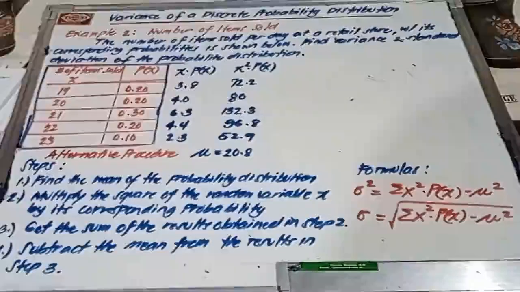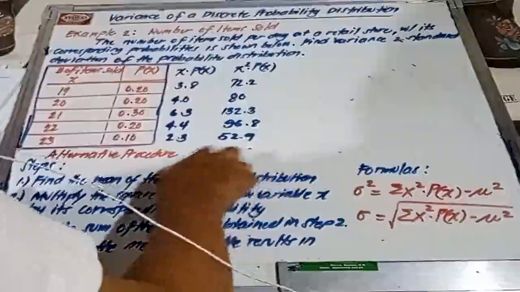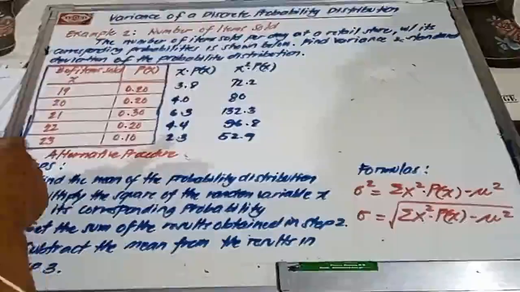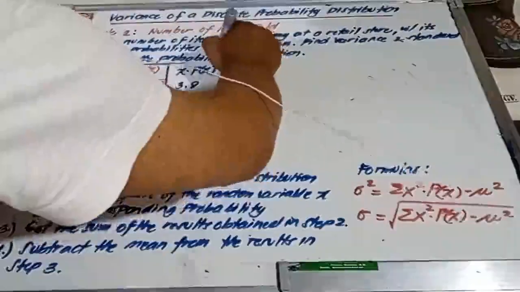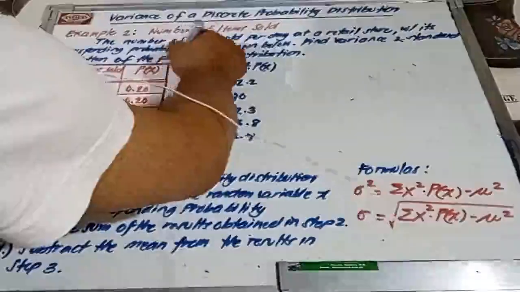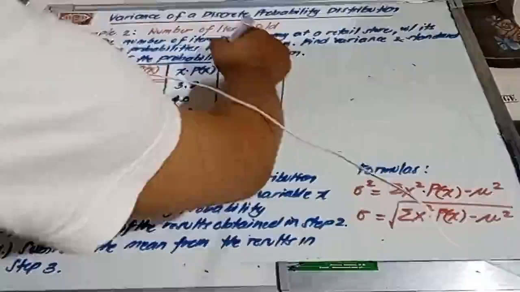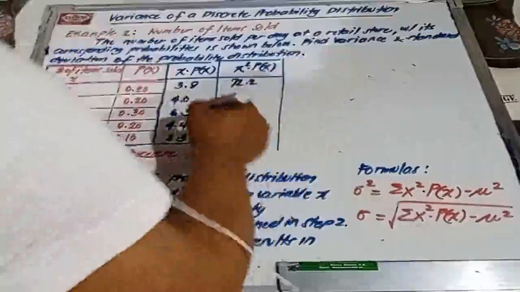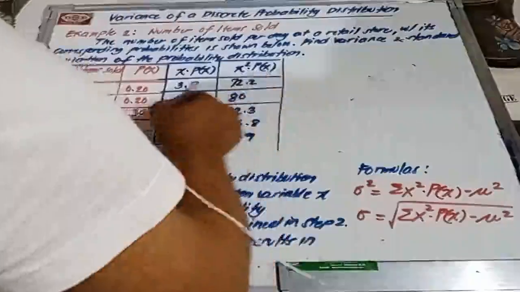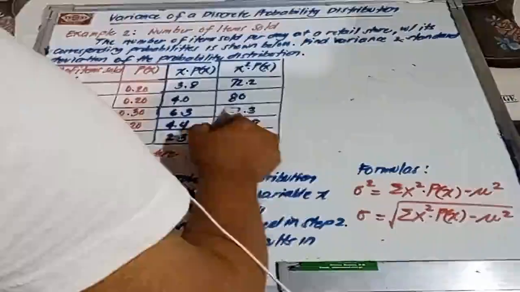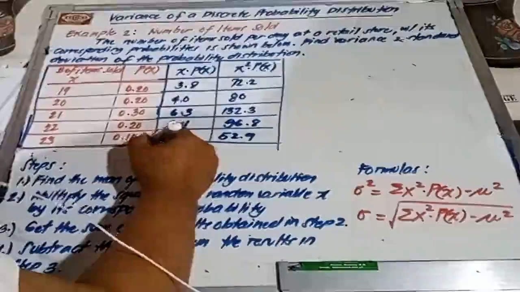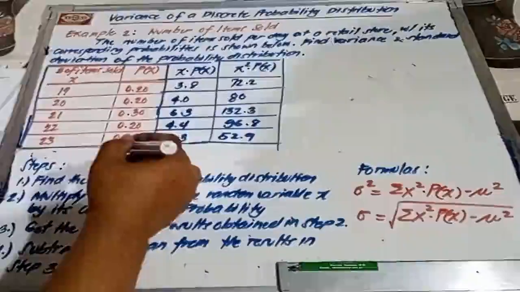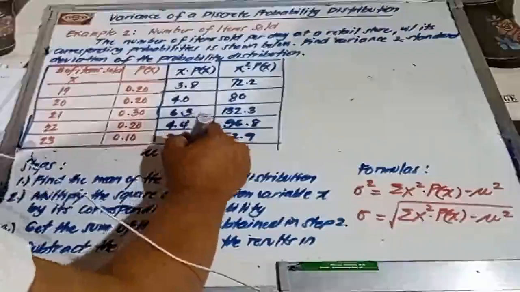Pagkatapos, kunin daw natin yung sum obtained in step 2. Ito yung mu natin. Ang value natin kanina ay 20.8. Okay.